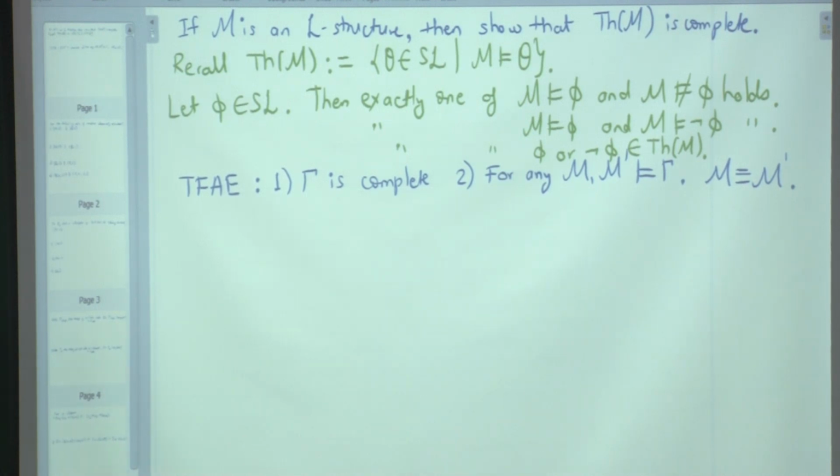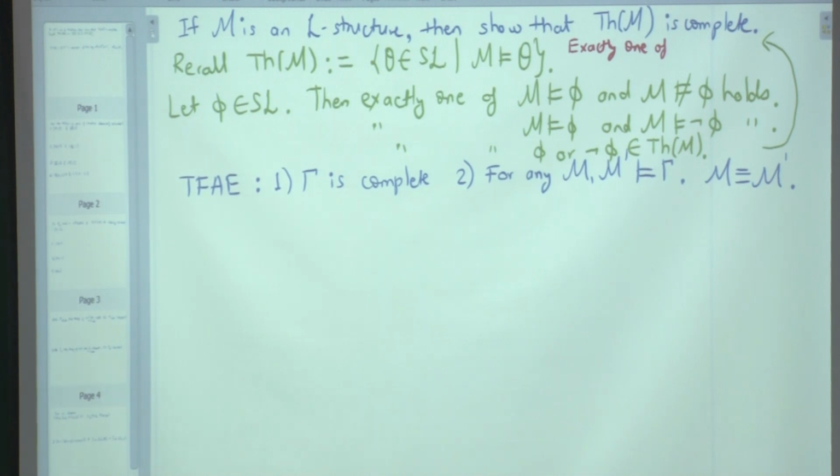The theory of M is deductively closed, right? So phi belongs to the theory of M if and only if it's a logical consequence, right? Of course, both of them can't be, because the theory of M is satisfiable. It's a theory.